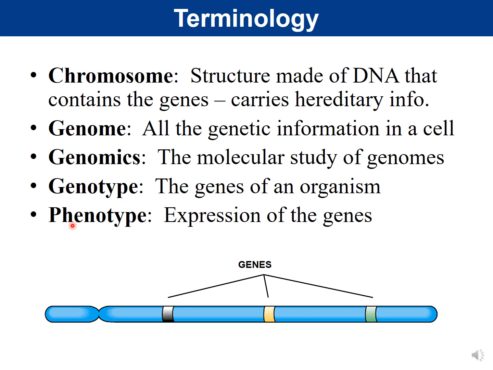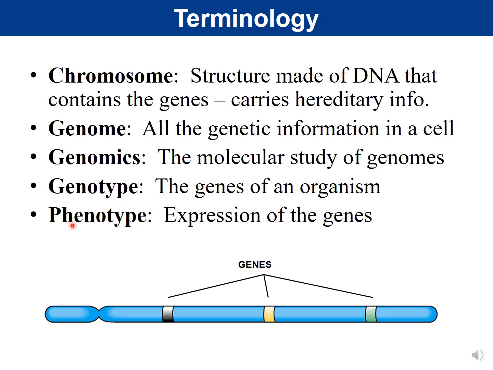Now, remember that for your chromosomes, 23 came from mom and 23 came from dad. So your chromosomes are arranged in pairs. So for each gene, you have two different genes that you can have. You could have two of the same genes, you could have two different genes, but your genotype would have two genes.